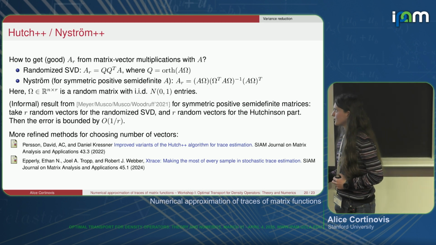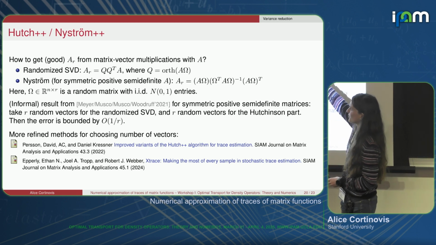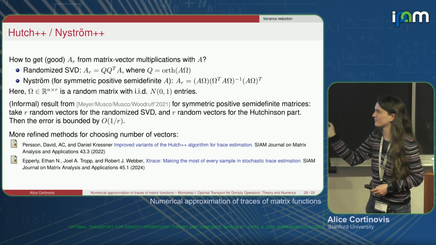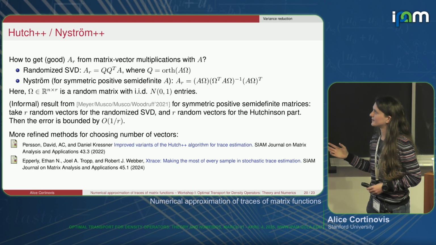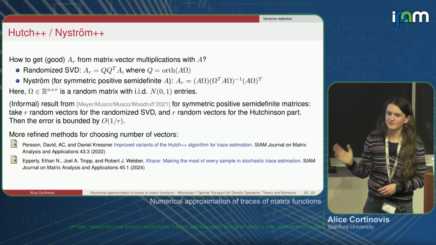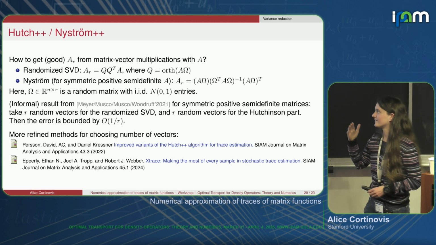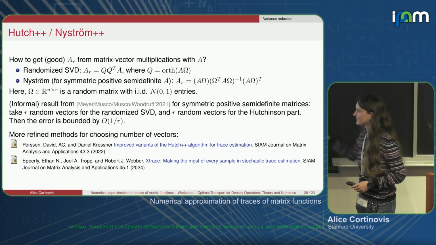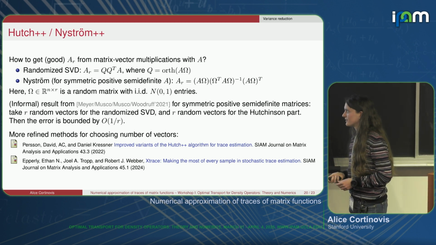And of course, this is somehow not optimal, to divide the allocation of random vectors and matrix vector multiplications like half for the low rank approximation part and half for the Hutchinson part. That's something I've worked on with David Persson and Daniel Kressner.